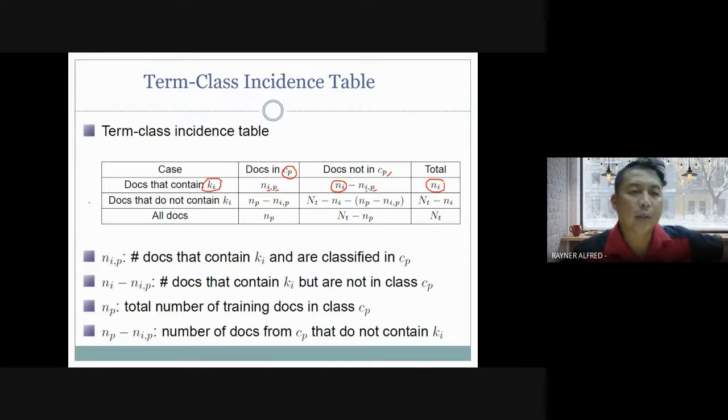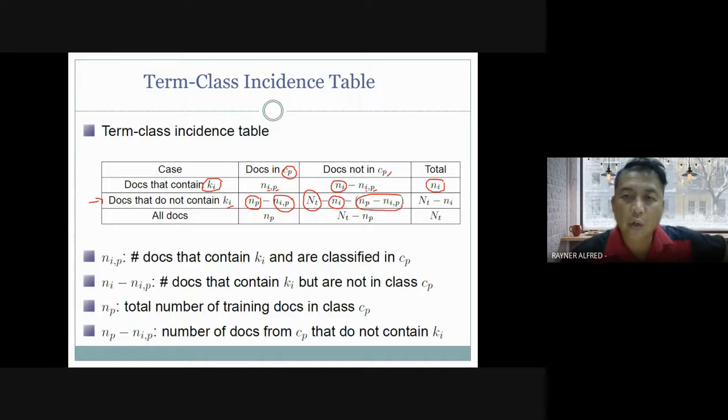Okay. The second one is documents that do not contain keyword I. So we will minus everything from this one that belongs to this class P, all the documents that contain keyword I. And for the documents not in the class P itself, this is the total number of all documents minus the ones that have the keyword, and also minus this one.